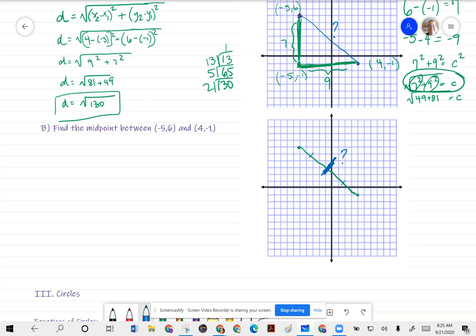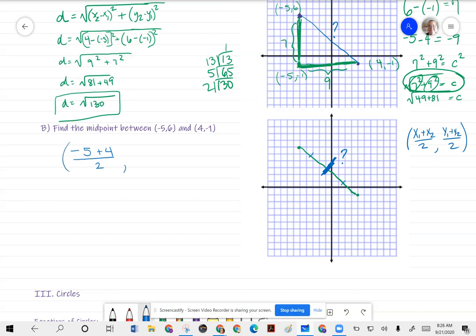So the midpoint is actually really easy. The idea is that you just add the x's and divide by 2, and you do the same thing with the y's: you add the y's and divide by 2. So I am going to add my x's, -5 plus 4, and divide that by 2.